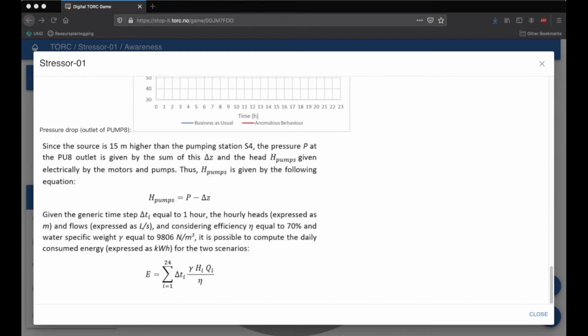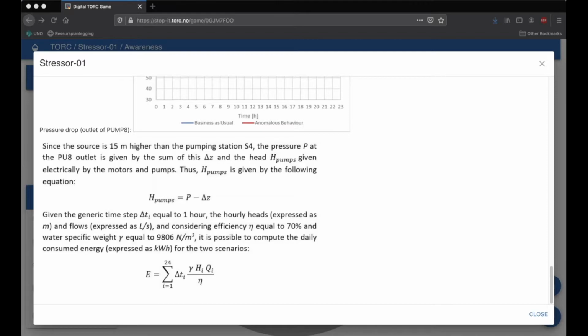So the pressure at the outlet of our pumping station is given by this 15 meters of elevation of the source, and of course the rest is given electrically by the pumps.